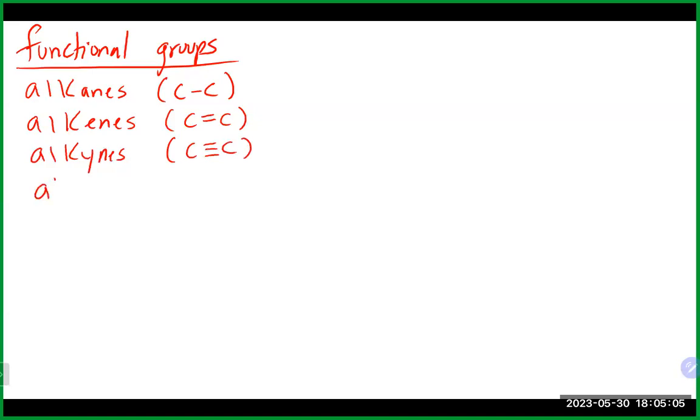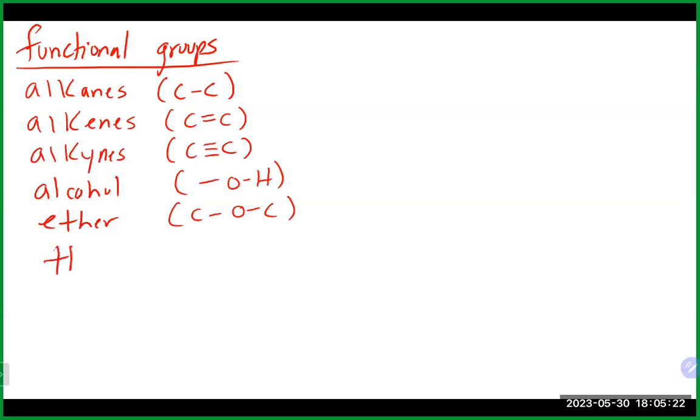There's the alcohol, like we talked about there, which has an OH group. We also have ethers, and ethers have basically a carbon-oxygen-carbon sort of run in there. There are thiols, which is actually a sulfur-containing group, similar to the OH group there, but basically a sulfur instead of an oxygen.